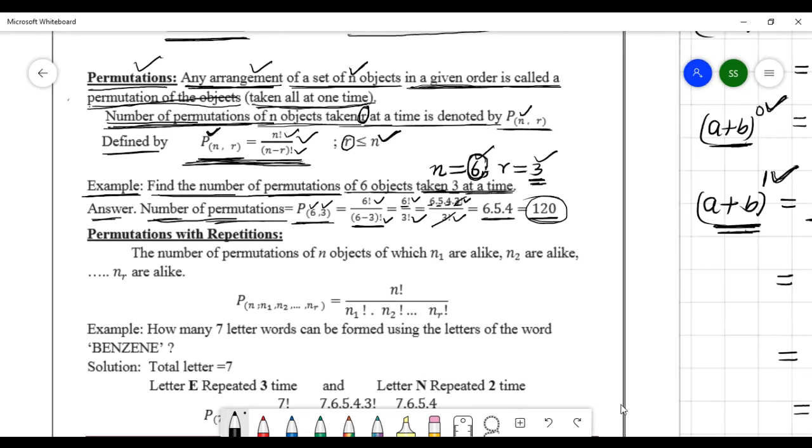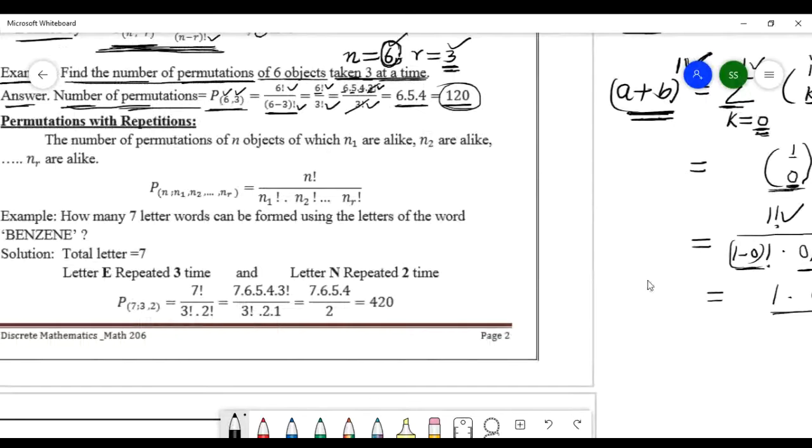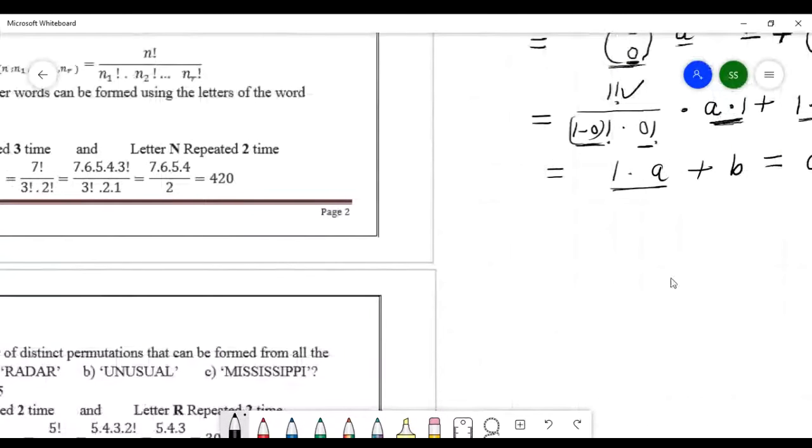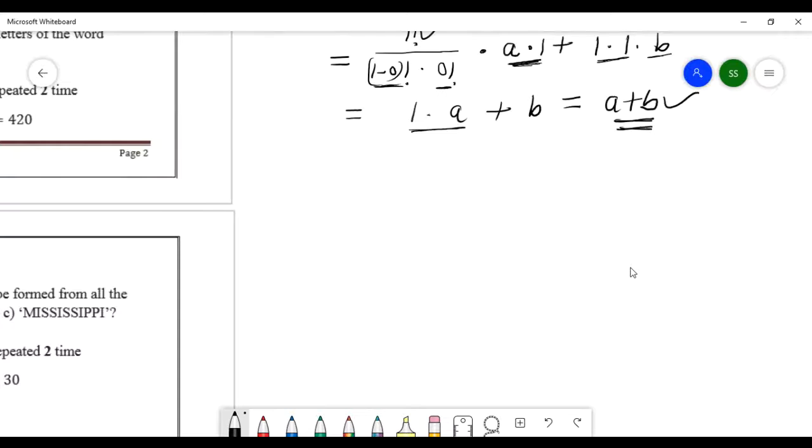So let me write here. See this rule. If there are n objects, okay, and you're taking r together, so number of permutations. How to write number of permutations? This is the rule.